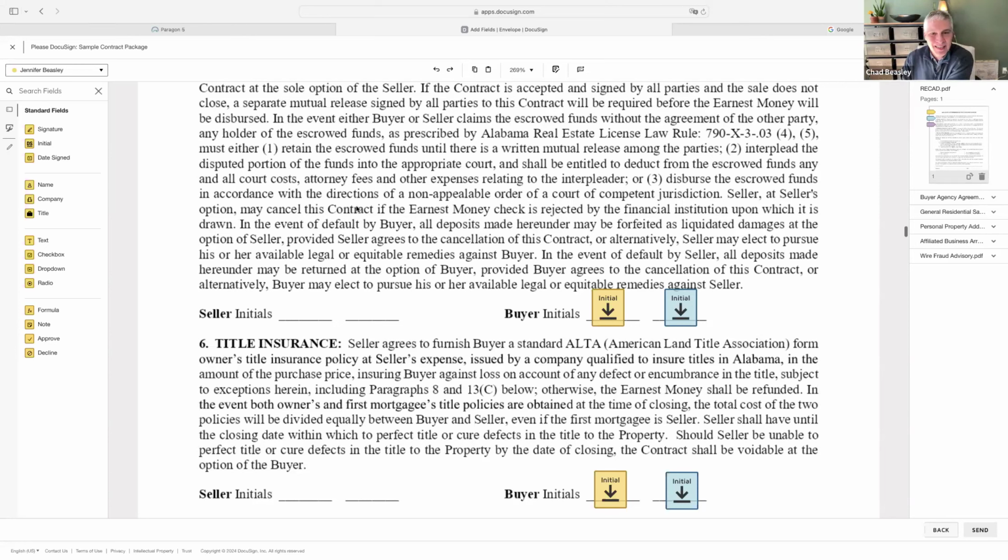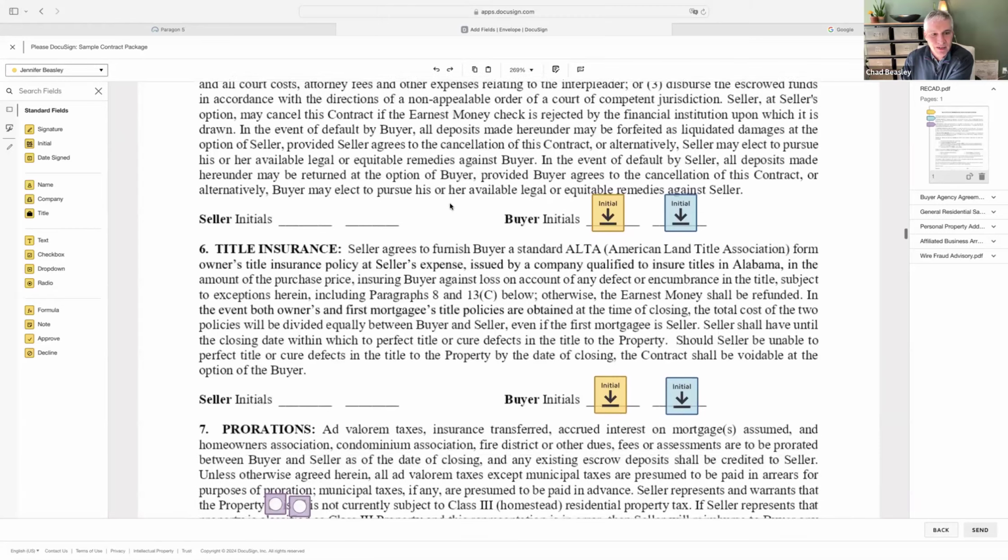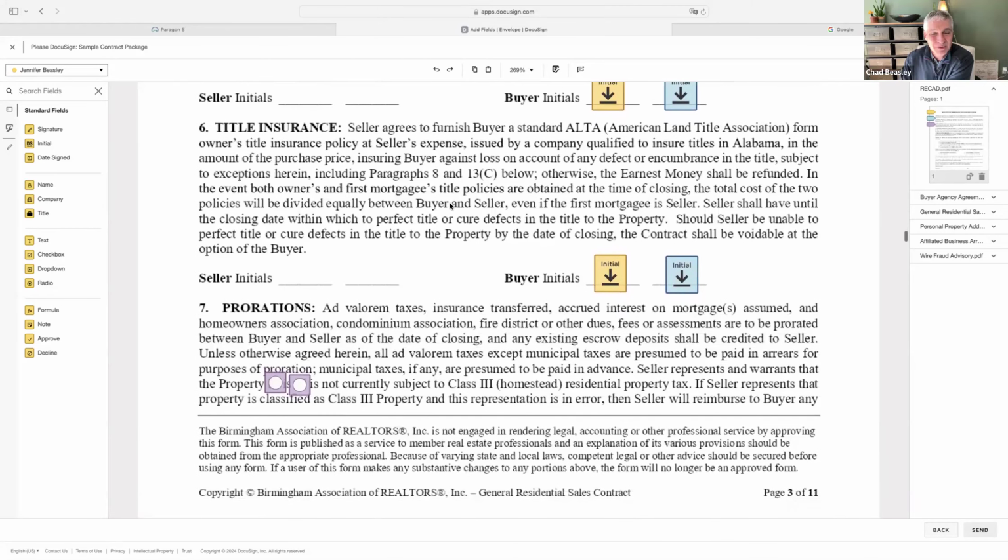So it's just a kind of a dance to think through what makes sense on all of that. So that's essentially what that paragraph says. Any questions on that one?